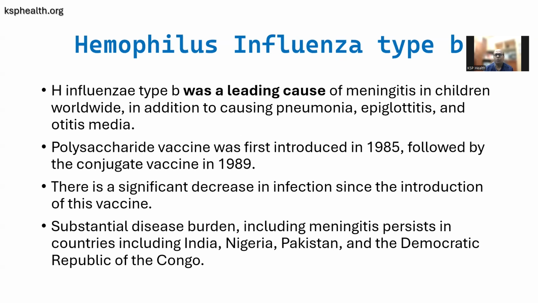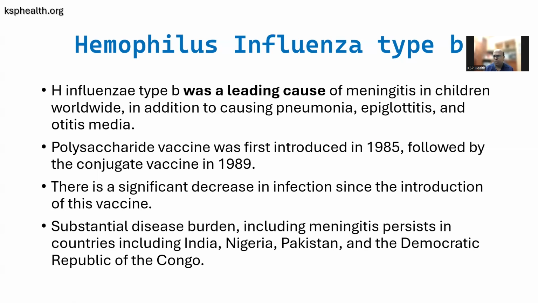The conjugate meningococcal vaccines are highly effective in preventing disease caused by specific meningococcal serogroups. H flu was a leading cause of meningitis in children worldwide. In addition, it was causing pneumonia, epiglottitis, and otitis media. The polysaccharide vaccine was first introduced in 85, followed by the conjugate vaccine in 89.